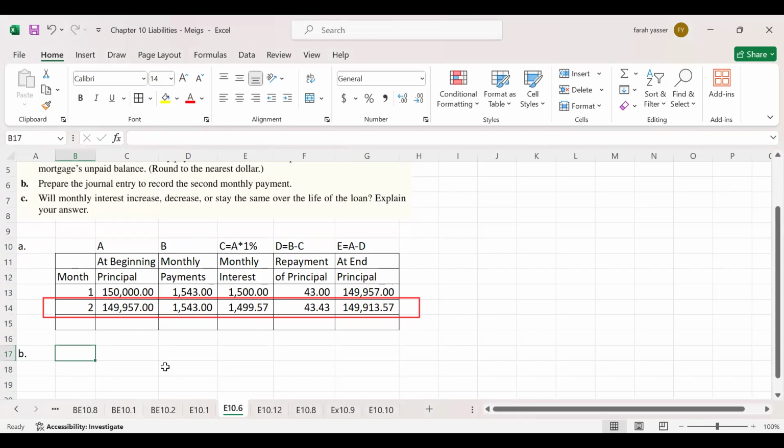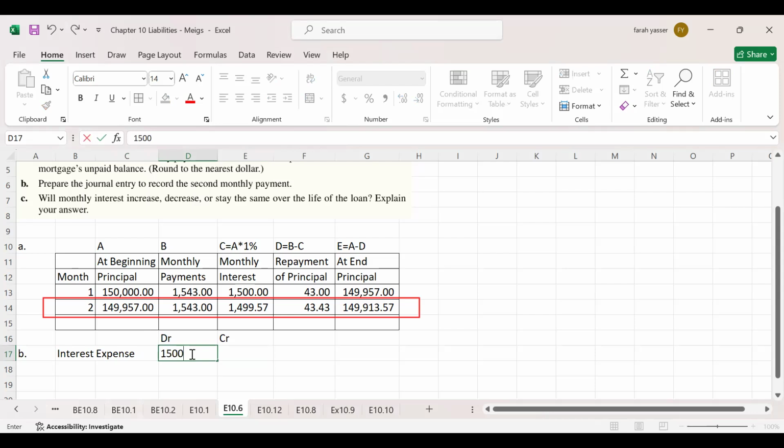Expenses by nature are debit, so we have to record the interest expense in the debit column. Then we have a credit column. Here it is the interest expense of 1499.57. So we can say this is around $1,500.